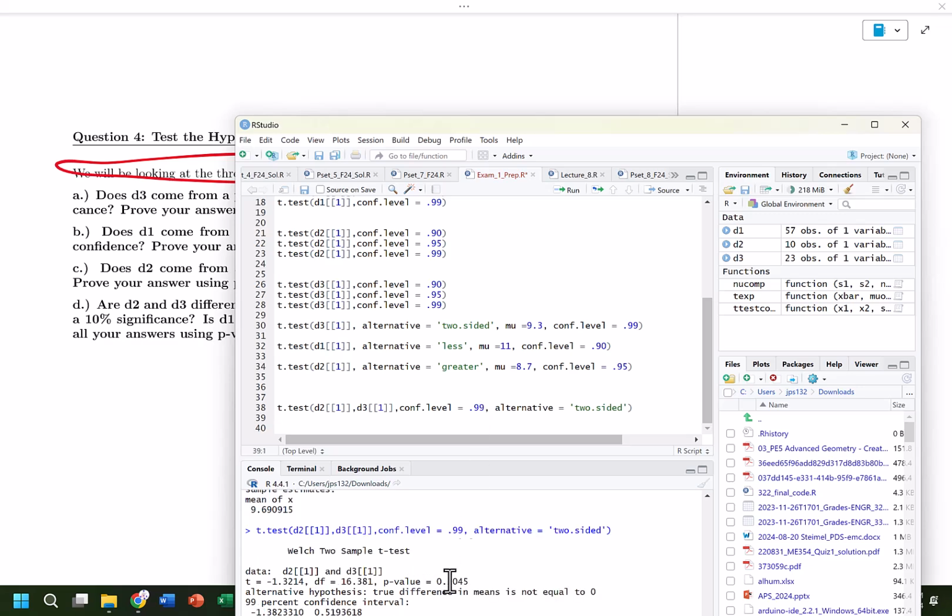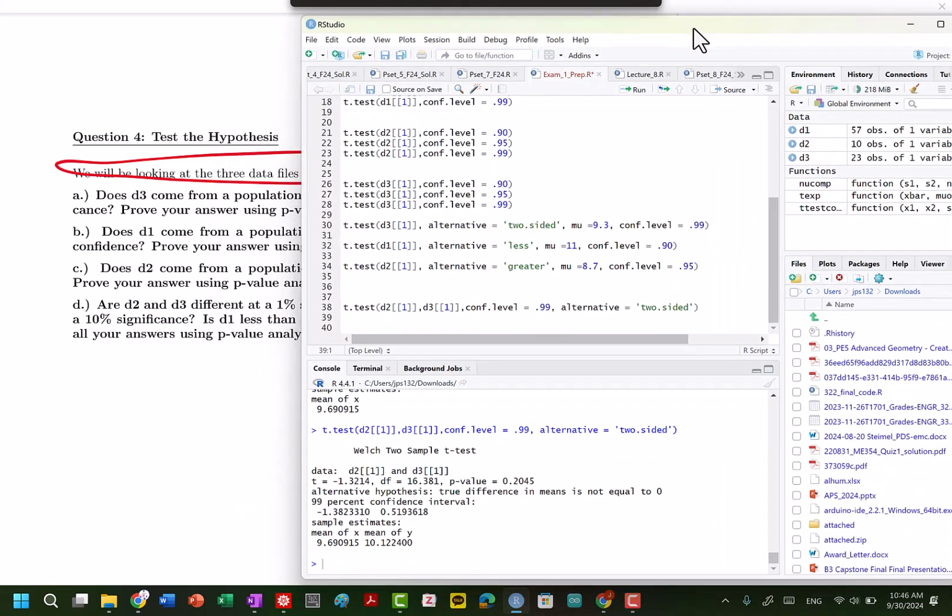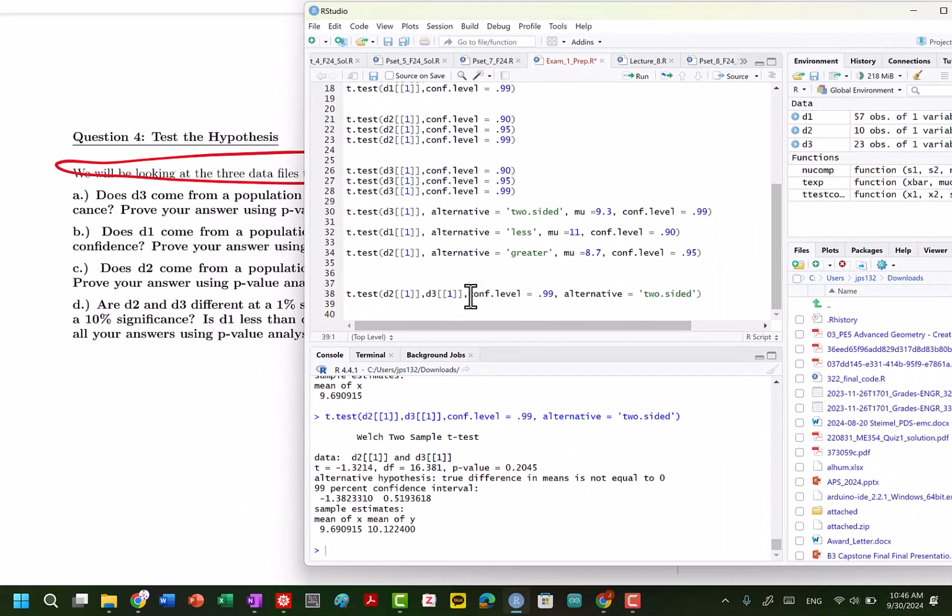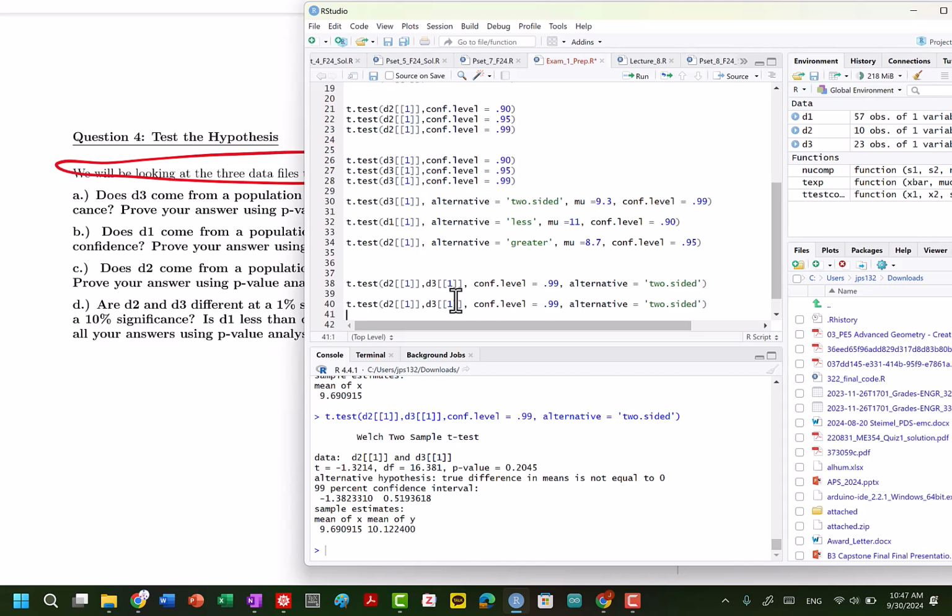Here we can see this is going to be a do not reject. Why? Because our p-value is larger than our alpha over 2, 0.005. So excellent. Our p-value is telling us we are in the do not reject.